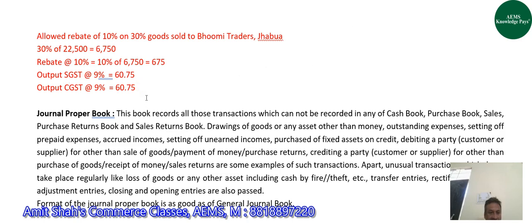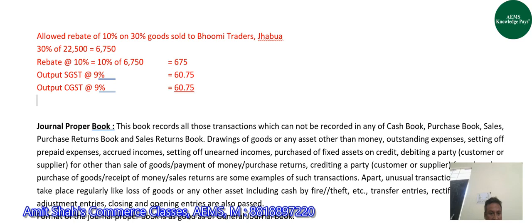So the total of these three amounts is 675 plus 60.75 plus 60.75, that is 796.5.